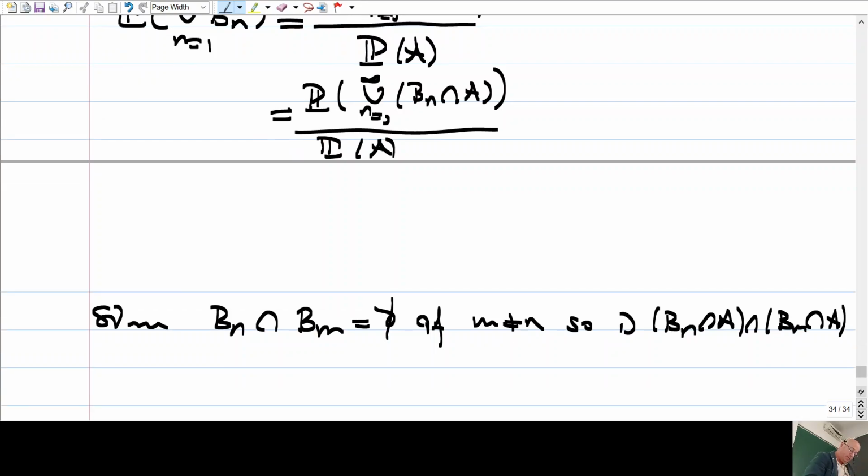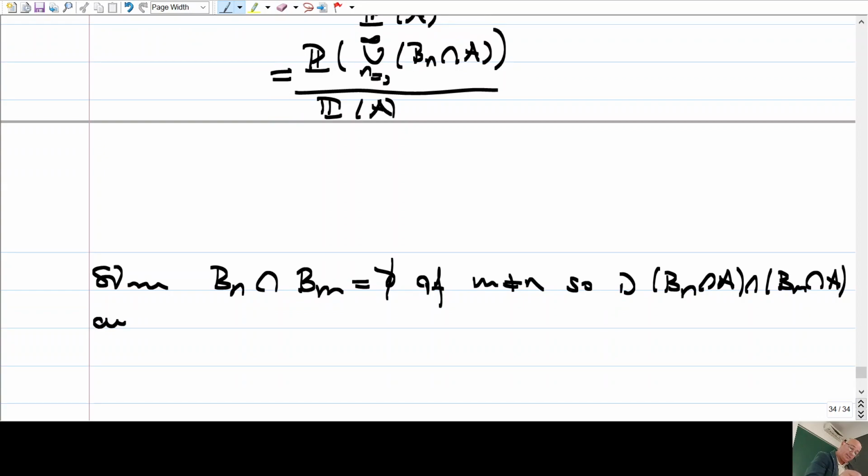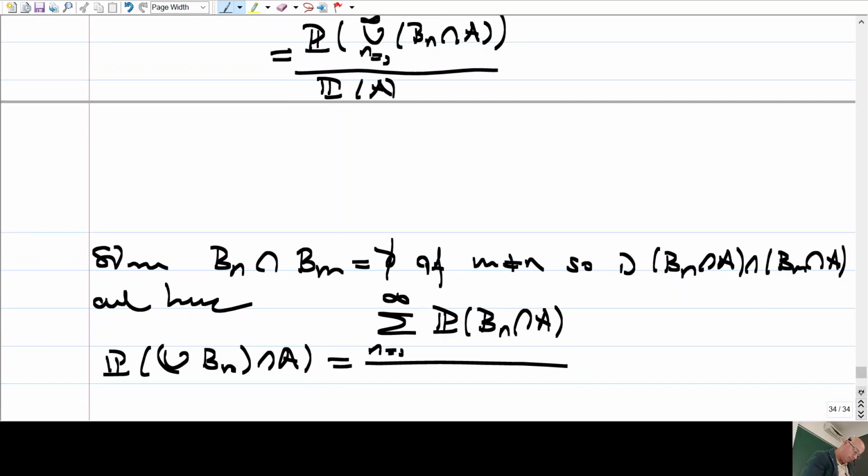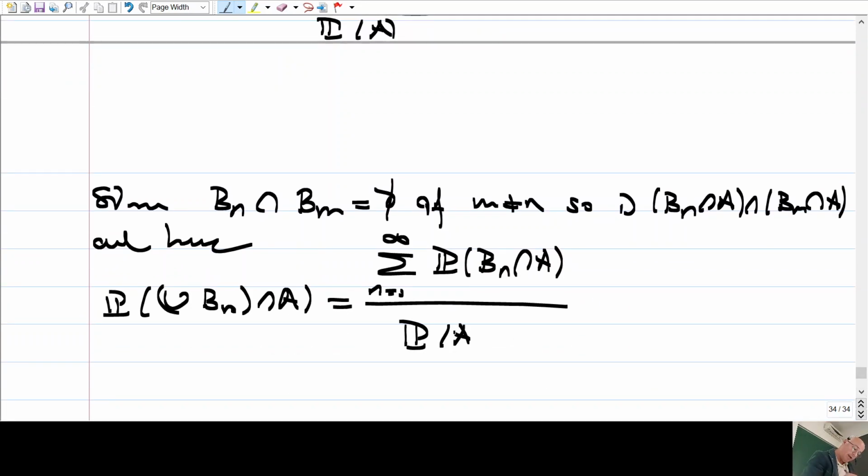This is also empty, and hence, since P is a probability measure, the measure of a disjoint countable union is equal to the sum. We have, so this union intersection A is equal to, well, the numerator can be written like this, divided by P(A).